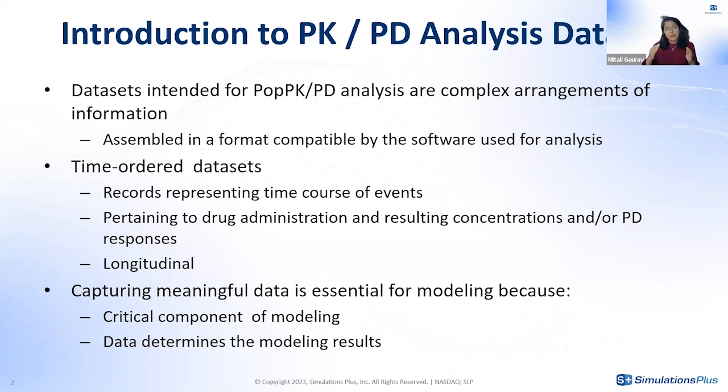Usually, as we add on the data in a row-wise fashion for each individual in these data sets, this gives the longitudinal nature to the PKPD analysis data set, where each record represents a different kind of event. It can be either your dosing, your pharmacokinetic sampling, or your pharmacodynamic responses. A point to keep in mind here is that this time ordered data set needs to be in place prior to your analysis.